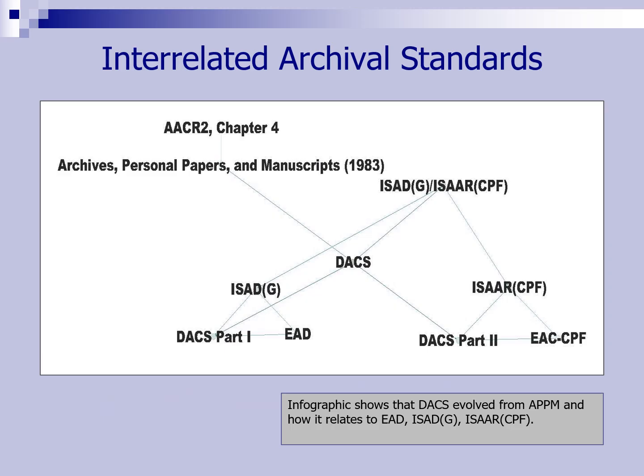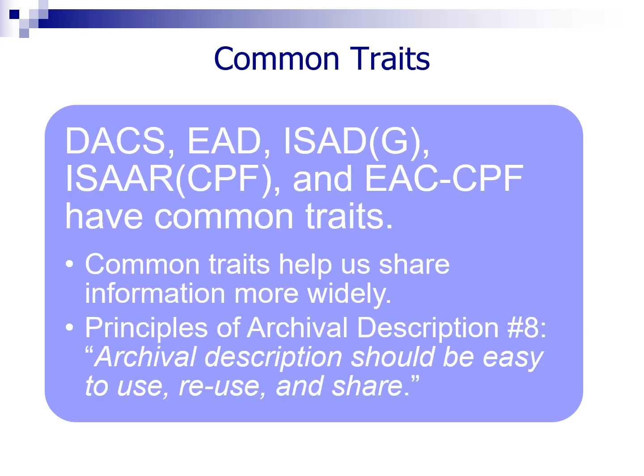This infographic shows that DACS evolved from previous library and archive standards, and how DACS Part 2 is influenced by and linked to international standards. Since DACS and EAC-CPF are directly related to ISAD-G and ISAR-CPF, they all have common traits.